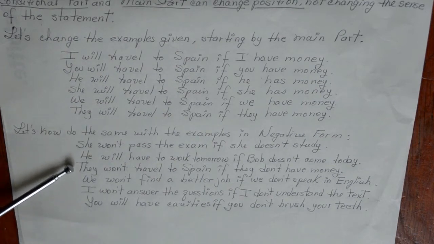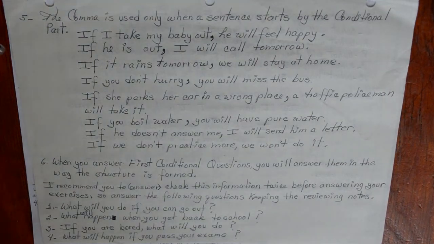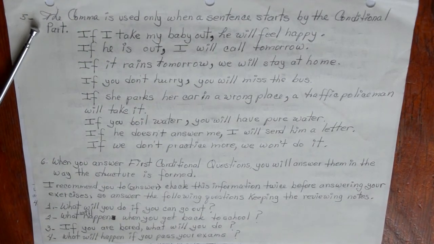As you see, it's very simple to form affirmative or negative statements, conserving the structure as we saw at the beginning. The next point is the comma. This element, which is applied in the conditional sentences, here we're going to check the way that it works.